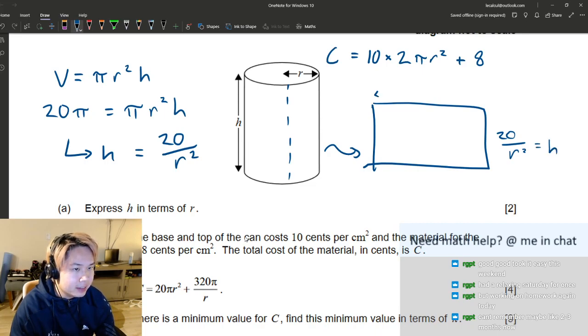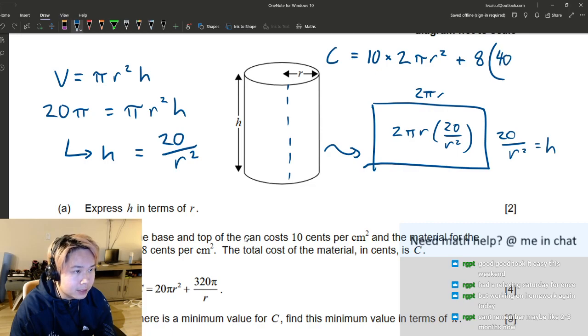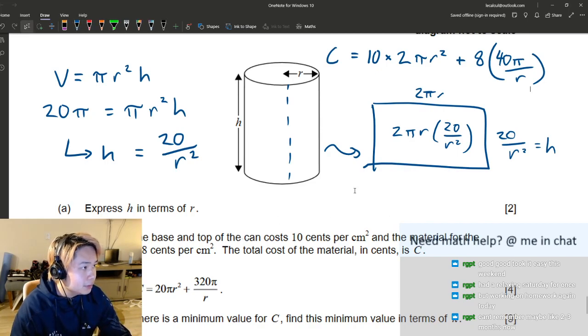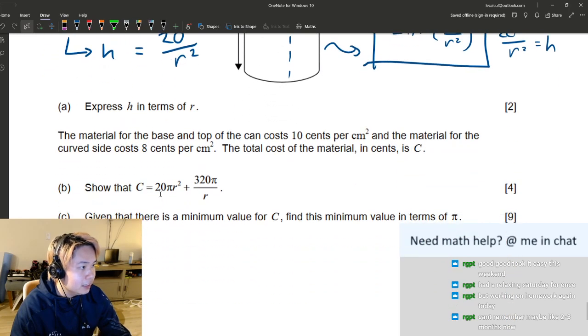And then the length of this rectangle is the circumference of the circle, which is 2 pi r. So the area of this thing is 2 pi r times 20 over r squared, which is 40 pi over r. And then if you multiply this out, you'll get this.